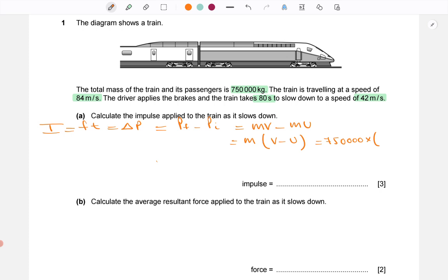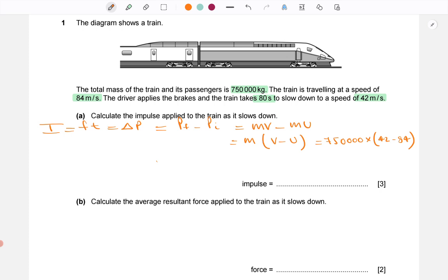So 42 meters per second is your final speed and 84 is your initial. In the formula, final minus initial means 42 minus 84, right? Don't assume the bigger magnitude of speed is the final one. According to the question, you decide which one is initial and which one is final.